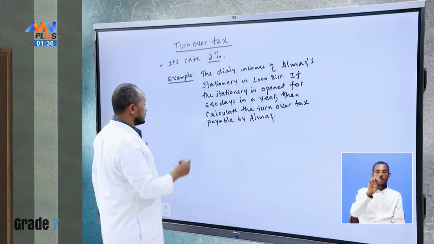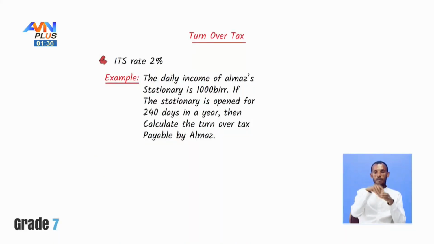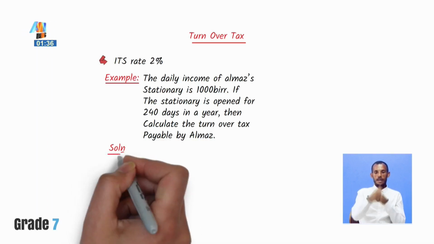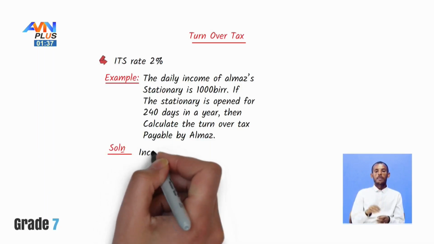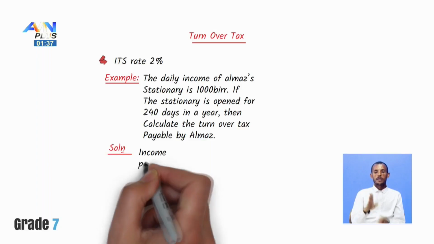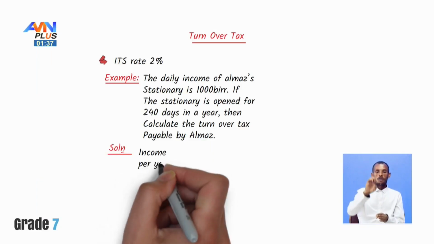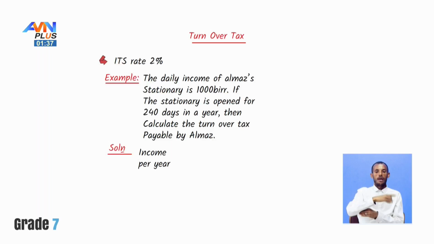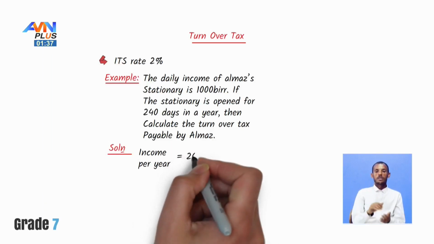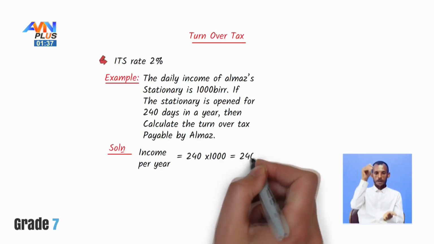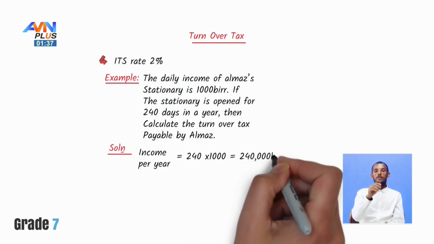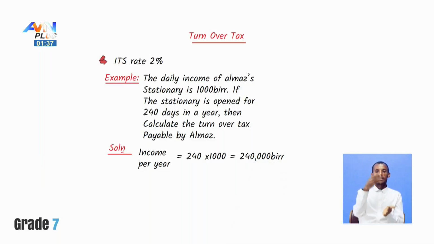So the income of the sales for Almaz Stationery per year will be, per day the income is 1,000, therefore the total income, the product of the two, is 240,000 birr. This is the annual income of Almaz Stationery.